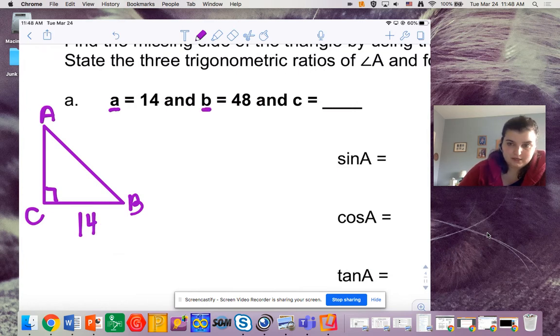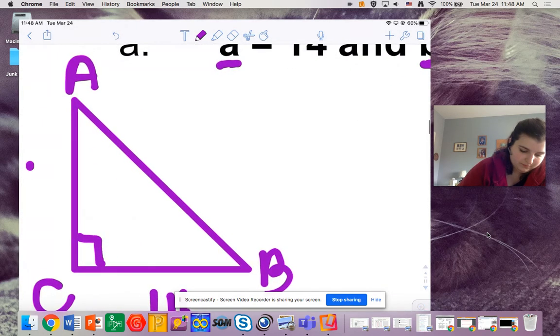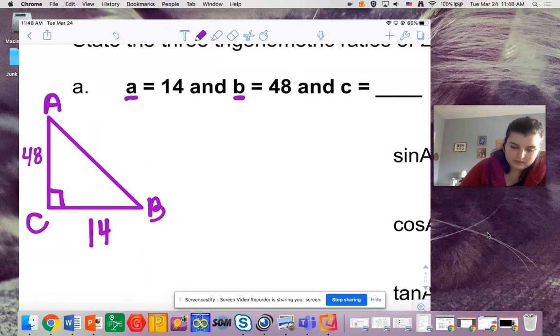Side B, lowercase b, is opposite angle B. So that's 48. Okay. And C is going to be opposite C, obviously.